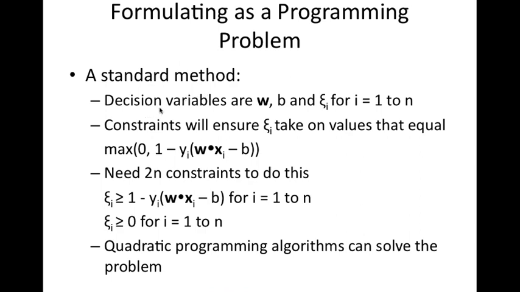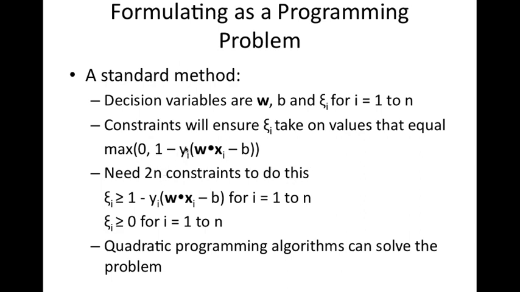The standard method is to introduce decision variables also for xi sub i for all i, in addition to the w and b decision variables. The constraints are set up to make sure that these take on the values that we want. At first it was counterintuitive to me that we would make these decision variables when we should really already know what they are, but this will all play out, as we'll see in a moment.